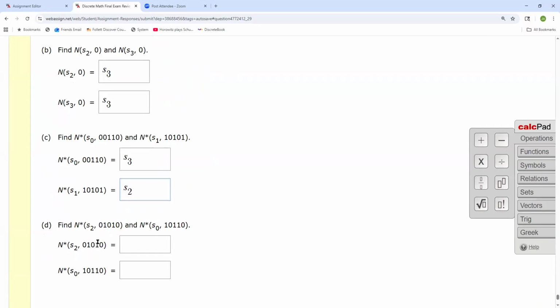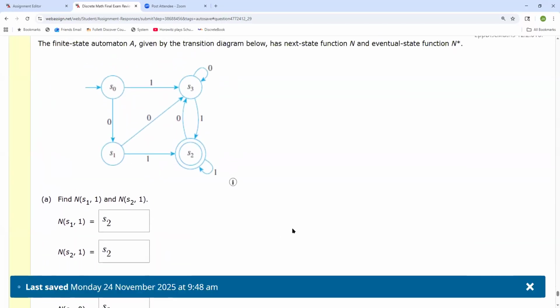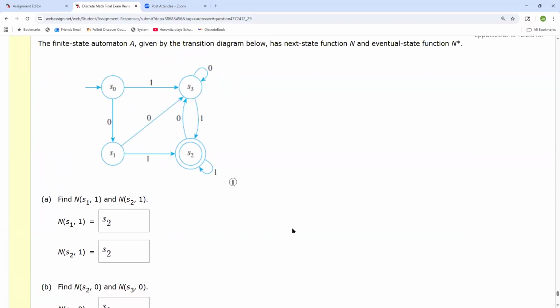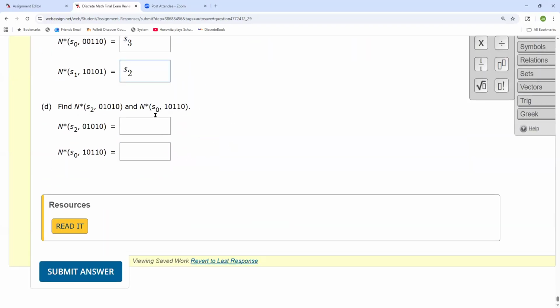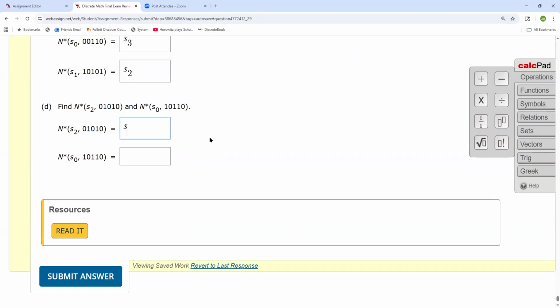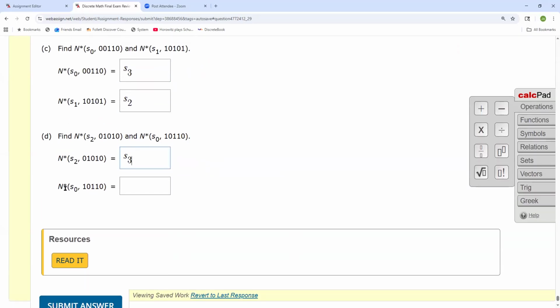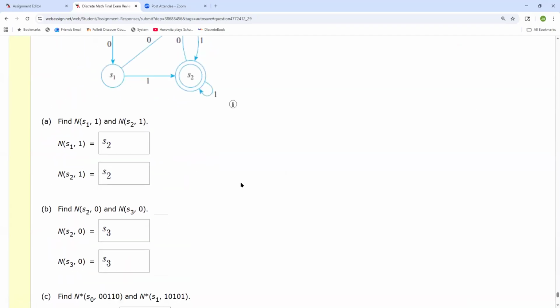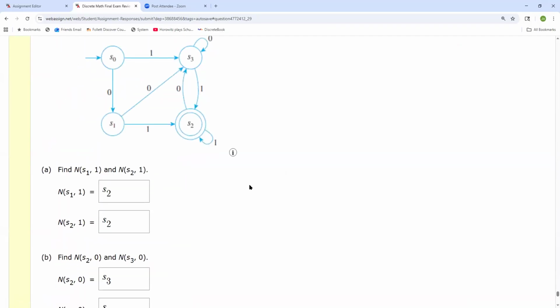So now what's the next state star function of S2 of 01010? We'll go to state 2, then do 01010. You'd end up at state 3, right? State 3. And then start at state 0 and go 10110.